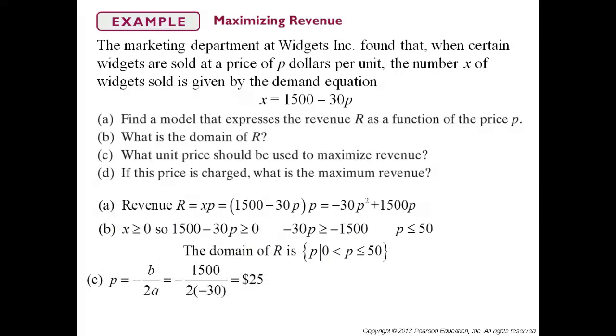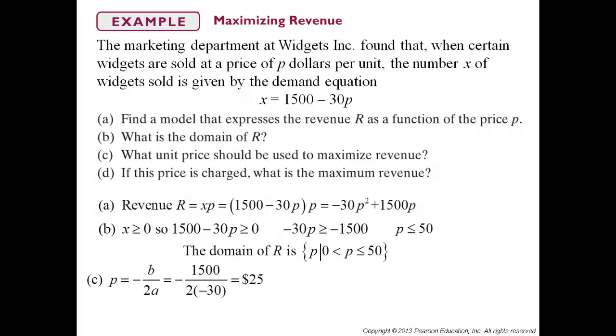When we charge $25 for our widgets or whatever product we've made, that's where our maximum revenue is going to come from. Okay, so that's the X value of the vertex, because it said maximize. What price maximizes it? $25 is the price that maximizes.